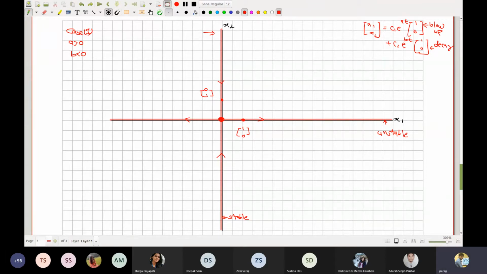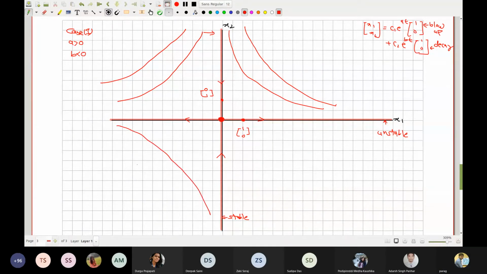Now, if you make a linear combination of the first term and second term by taking different values of C1 and C2, what's going to happen? You will get curves which would be like this. For example, if you are here, this means that you have larger value of C1, smaller value of C2.